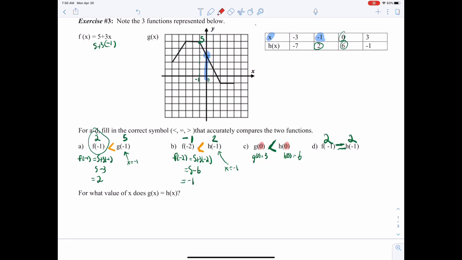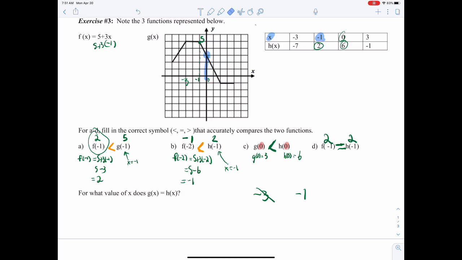Let's start with h, because h is only a certain amount of values that it can possibly be. So h of -3, well, that's going to be -7. And then g of -3, well, g of -3 is right there. That's going to be +5. So it's not going to be -3. If you're looking up here, the next one we can try is -1.